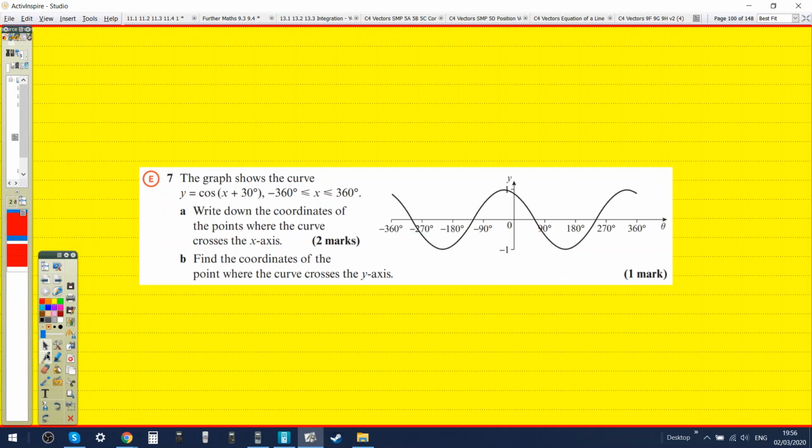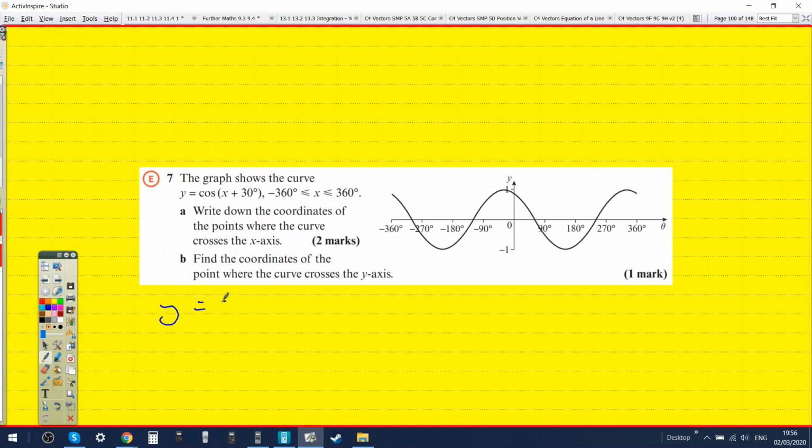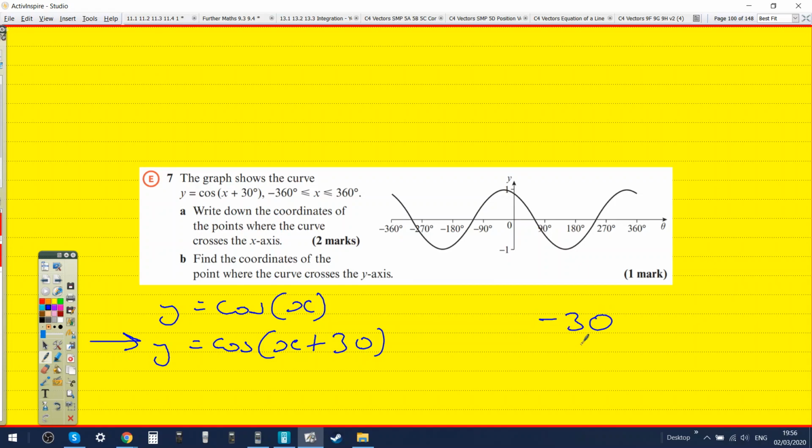Have a crack at this one. Y equals cos x becomes y equals cos x plus 30. So does that mean that the x coordinates are going down by 30? Mm-hmm. And it's a translation.